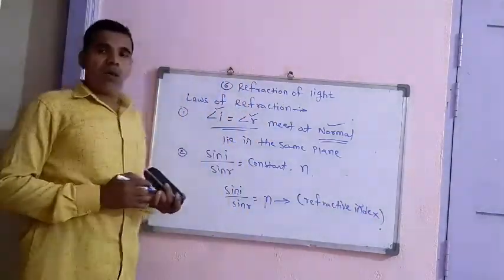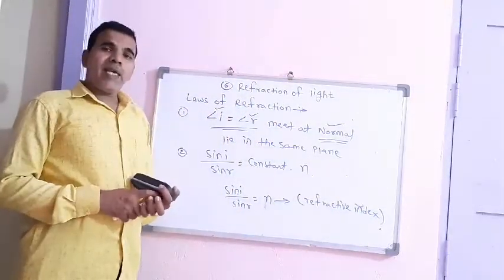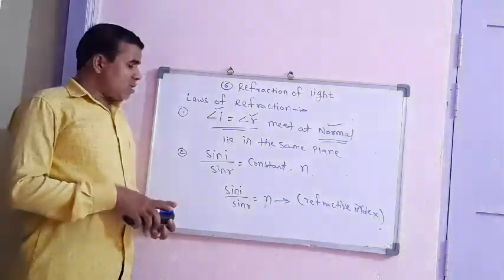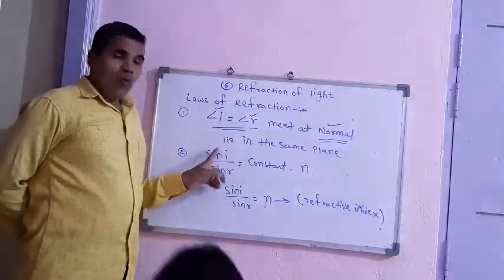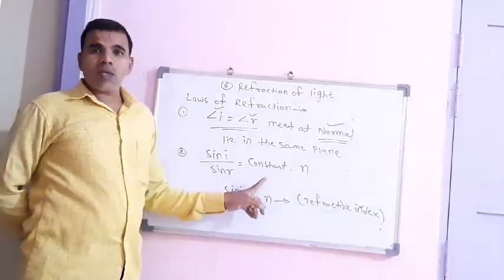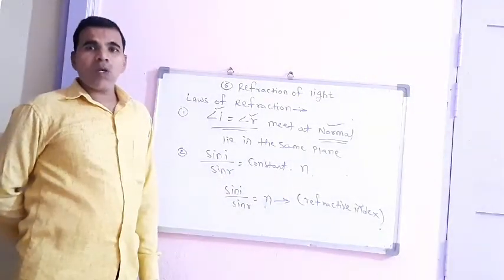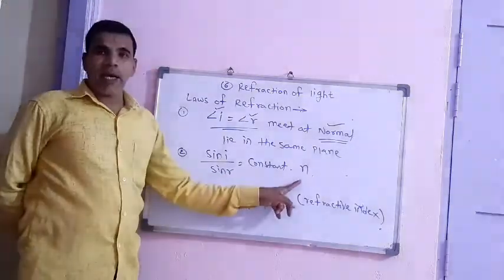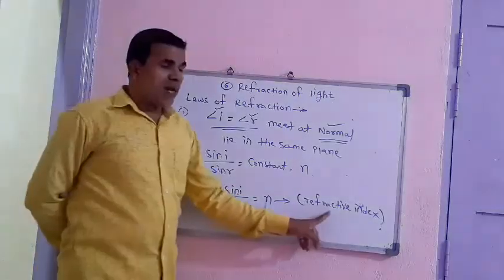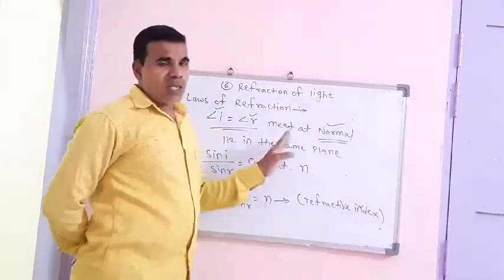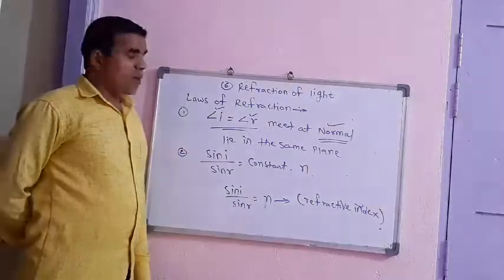Second law: for any given media, sin i upon sin r is a constant, denoted by the letter n, which is called the refractive index. So these are the two laws of refraction.